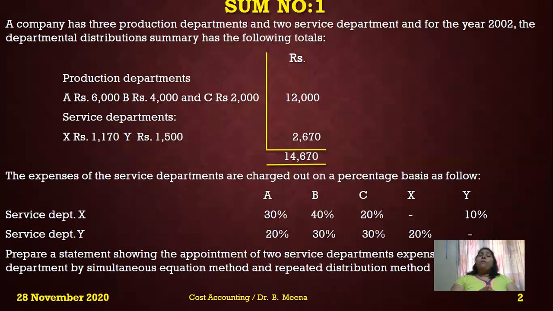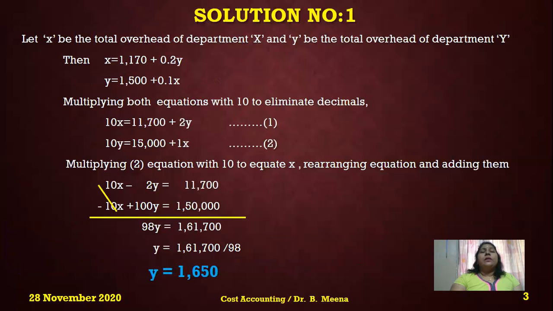But when the problem has specifically said to prepare the summary by repeated or simultaneous method, you need to stick to that. But you can cross verify your answers by applying the other method, because both methods will give the same answers. That is the specialty of the repeated distribution as well as the simultaneous equation method.